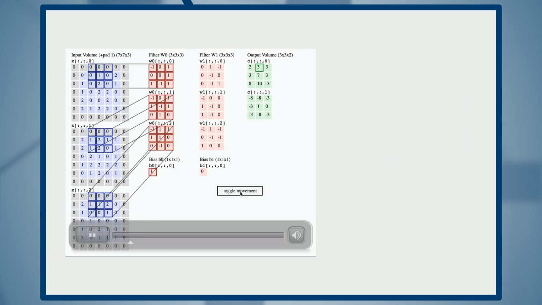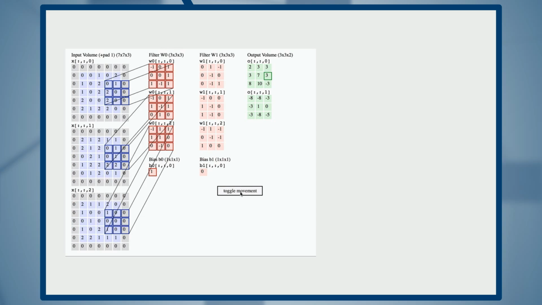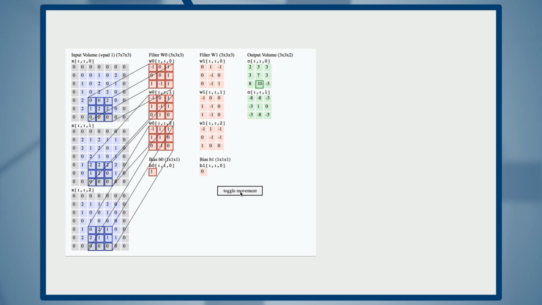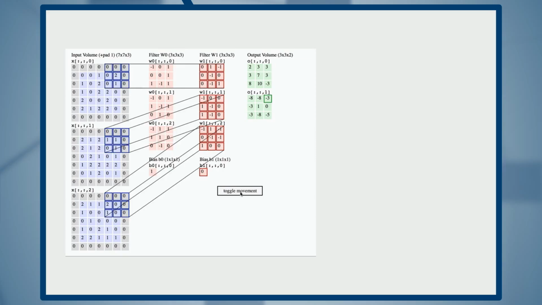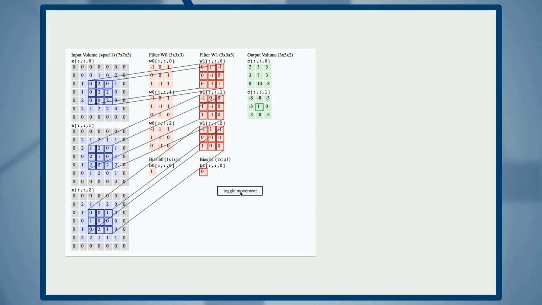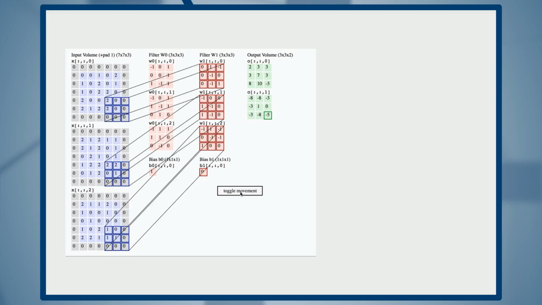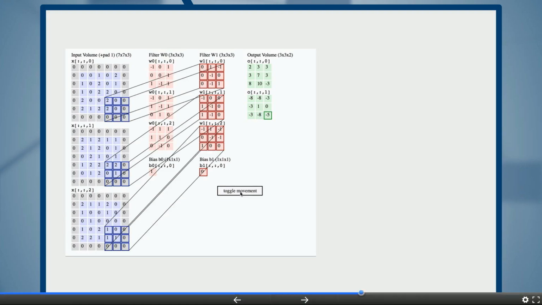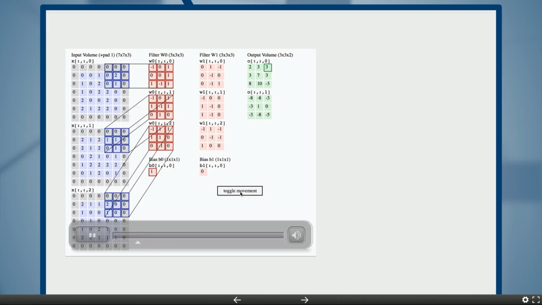Yep, here we go. So this is showing how a filter would be convolved or slide across the original input at each layer, because we have a depth of 3. This is an RGB image, or BGR, 3 color channels. And it's going to, at each step, take a stride of what's called 2, and stride is how much our filter is going to move at each step. So you see in this one, if we play it again, it moves 2 pixels every single time the filter moves.